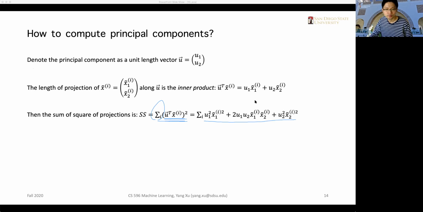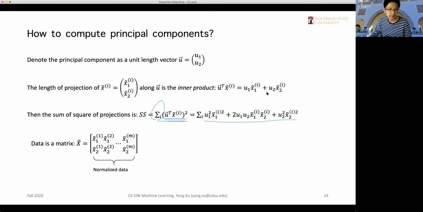And if we represent this with a matrix notation, because we listed all the data points by columns, the first data point is x1, x2, and the second is also x1, x2, but with these superscripts in the brackets.